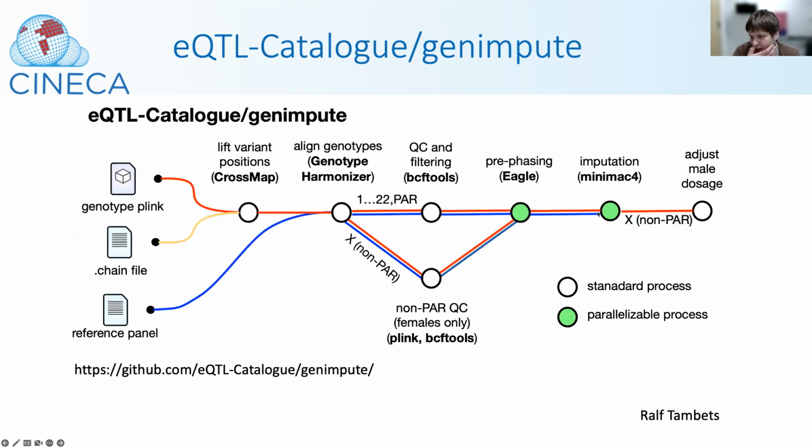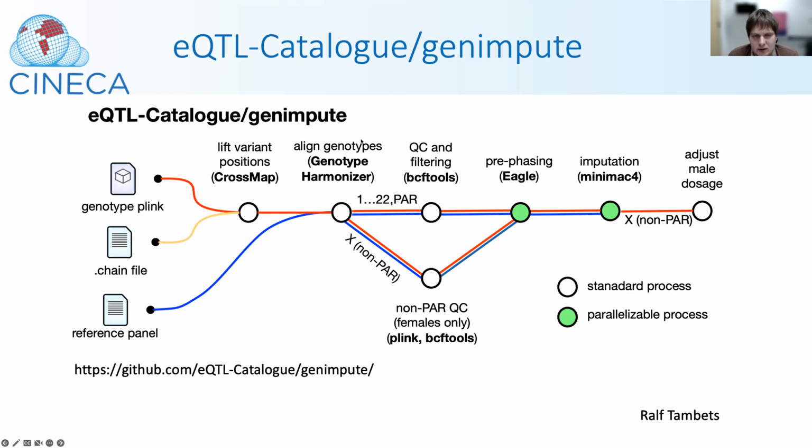So what do these workflows look like? This is a summary level of, for example, the GenImpute workflow, where we take the raw genotype data in PLINK format, and then we take a reference panel and some other inputs, and then we have multiple different steps that depend on each other. We make sure that the genotype uses the correct reference genome version.